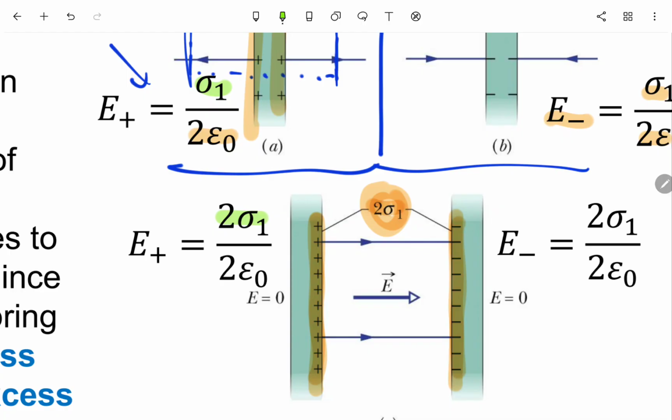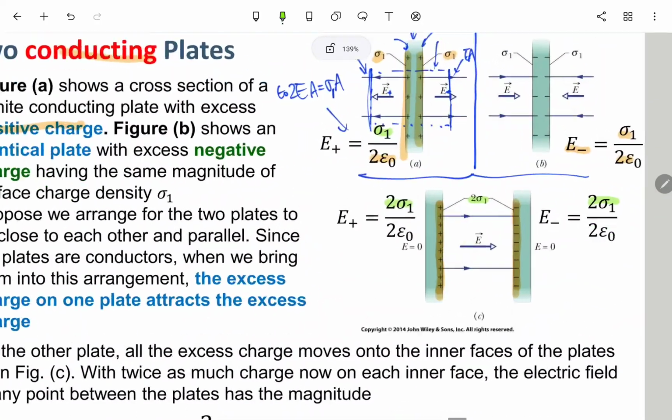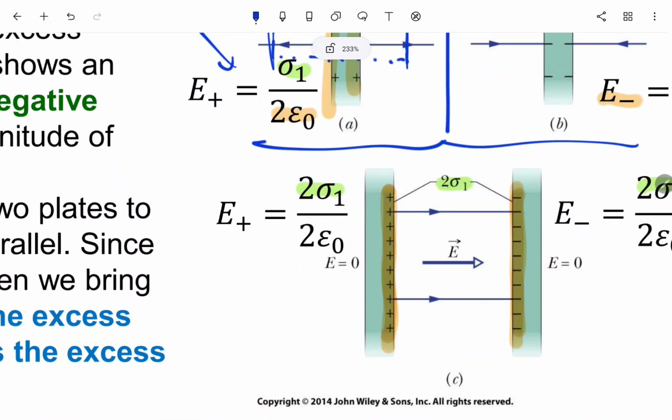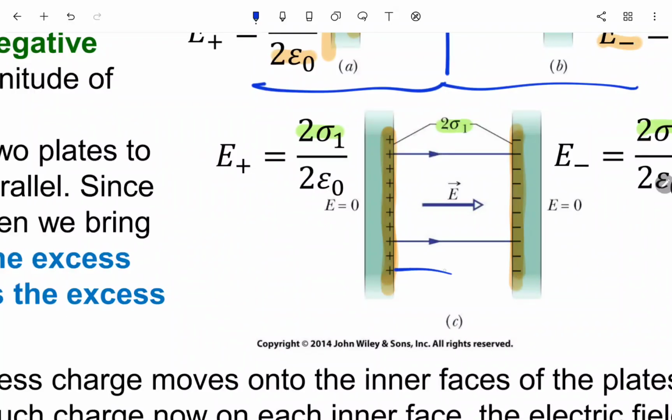Similarly here. The idea is that for the left plate, it generates E plus pointing to the right side on the right, and E plus pointing to the left side on the left, and then this part also E plus pointing to the right.